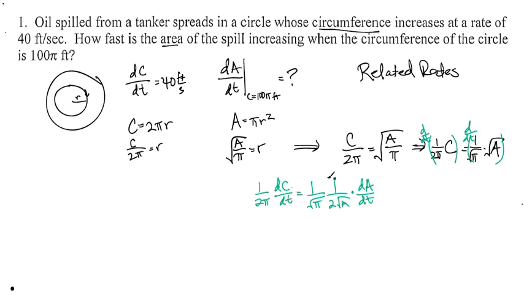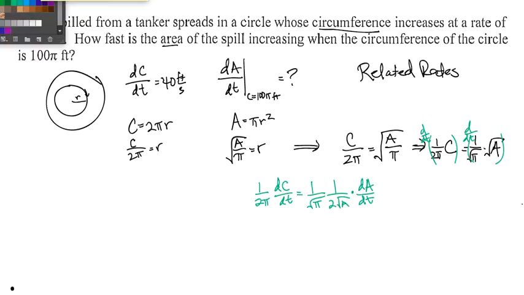This gives us a formula that corresponds to the givens that we received up here. So we have the dC/dt right here, and the dA/dt, that is our unknown, and we have this A.